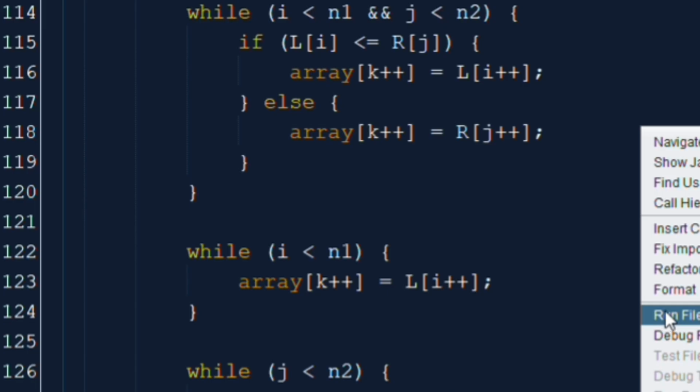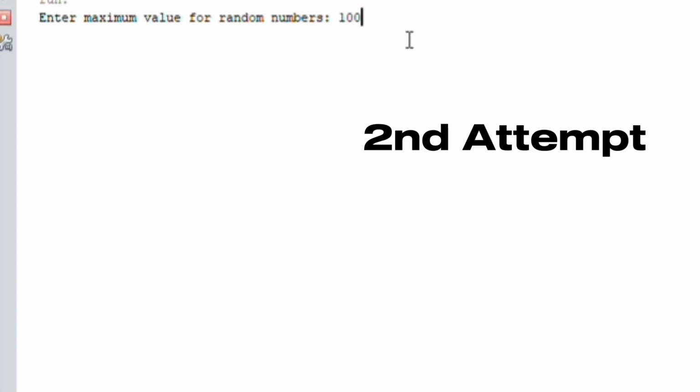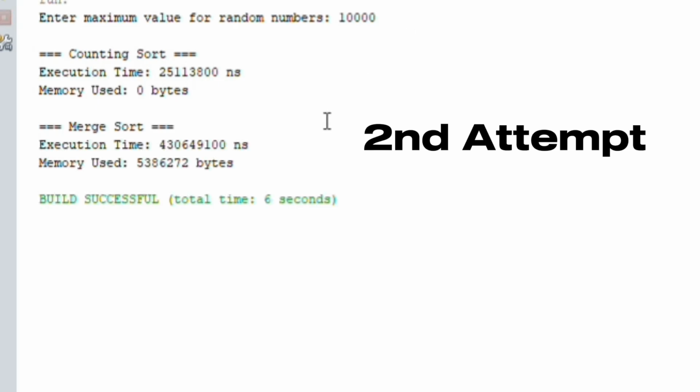In our second attempt, we use a larger maximum value, which is 10,000, generated random numbers, and calculated the execution time and memory use. The counting sort algorithm has a lower time compared to the merge sort algorithm, and the memory use of the counting sort algorithm is also lower than the merge sort algorithm.